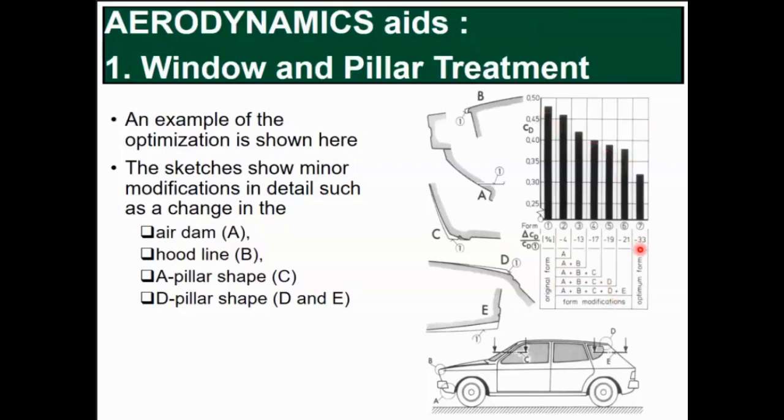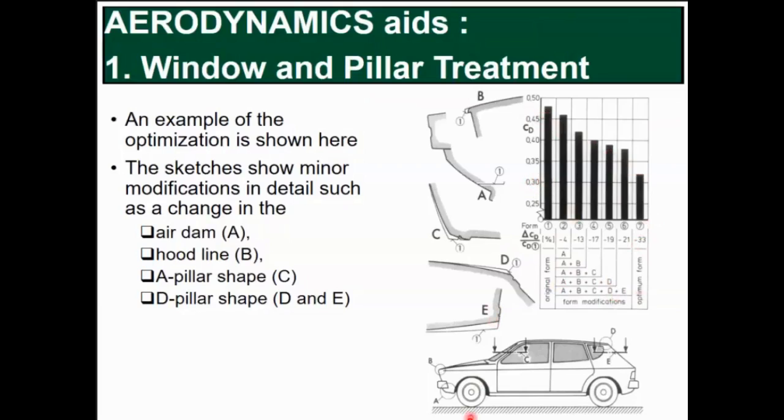So, for example, this one is the optimum form. Optimum form that the vehicle has CD is around 0.33.